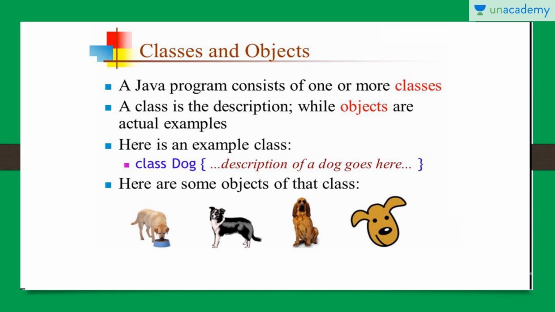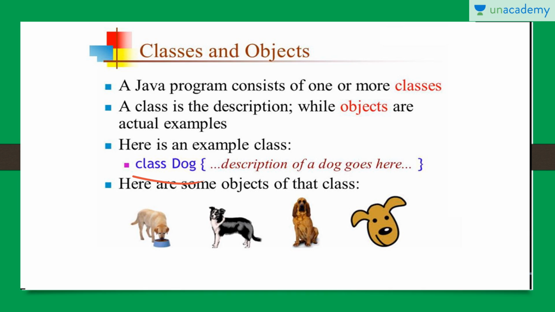Let us discuss one more example. Here is a class Dog, which describes all the properties, or you can say the states and behaviors, of a dog. A dog can bark, a dog can sit, a dog can stand, a dog can move its tail. So these are all the behaviors and states of a dog.